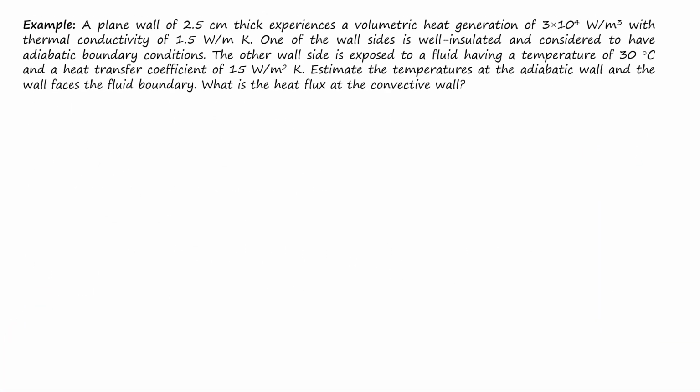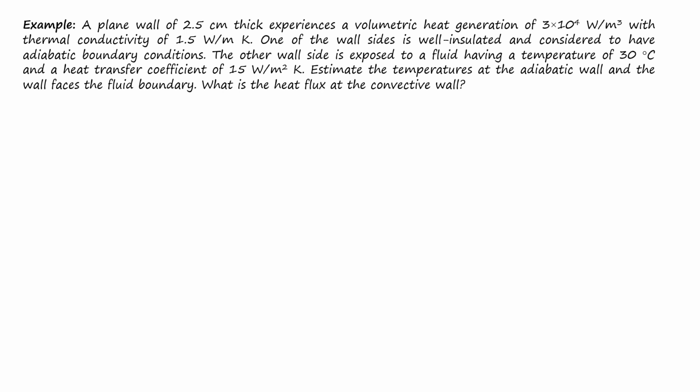Now we have a plane wall with a thickness of 2.5 centimeter, and we have heat generation corresponding to 3 times 10 to the power 4 watt per meter cube, with a thermal conductivity of the wall as 1.5 watt per meter Kelvin.